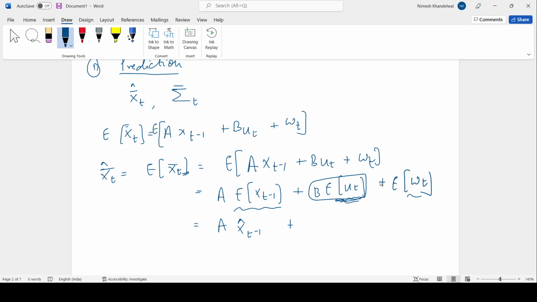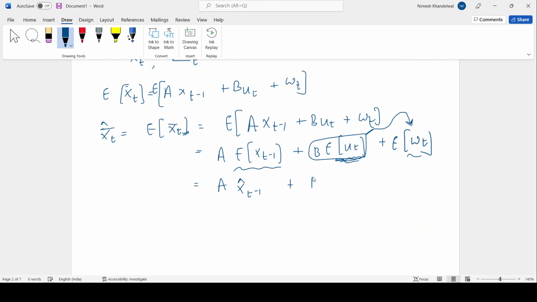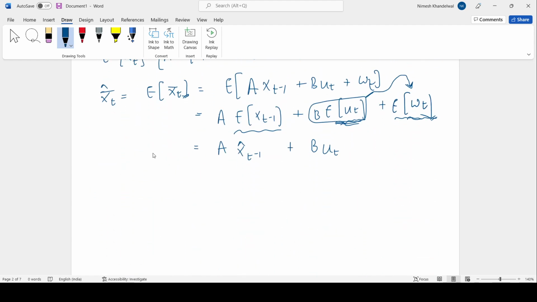And all the Gaussian part of my control I have separated into my w_t. So this directly comes as B u_t, and then there is nothing here, because we assume that w_t is a random variable with zero mean.